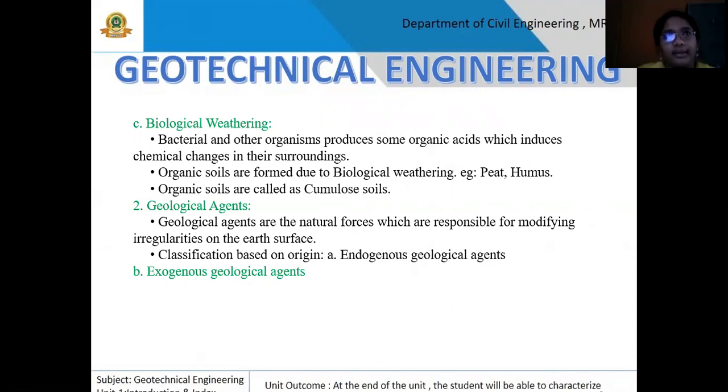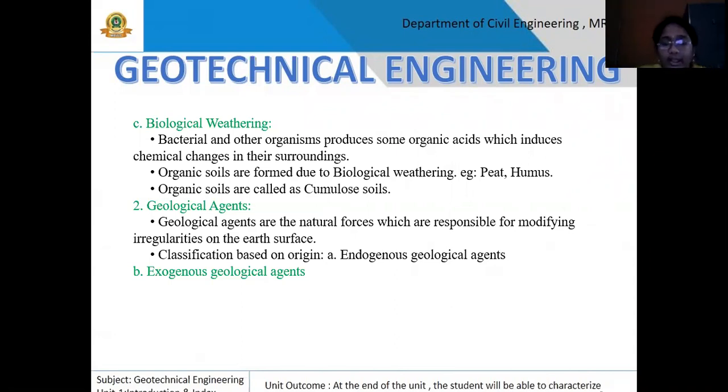This results in the formation of organic soils like peat and humus. These organic soils are also called cumulose soils. You need to remember all these technical terms so that you can use them in your short answers. Examples of organic soils are peat, humus, and many others. So these are the three different types of weathering.